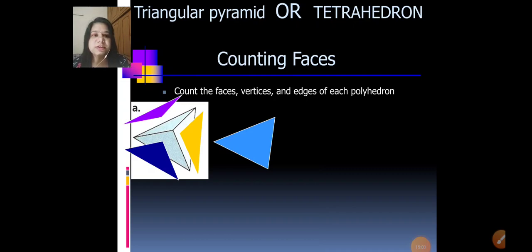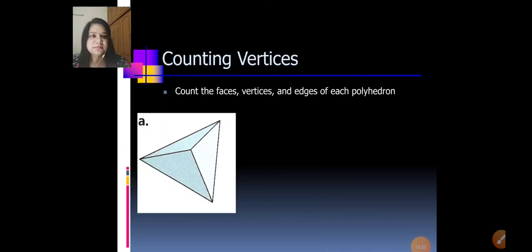I have taken out the base triangle, and the three side triangles are here. So the number of faces will be 4. A triangular pyramid is made up of 4 triangles, 3 on the sides and 1 at the base. So a triangular pyramid or tetrahedron has 4 faces.